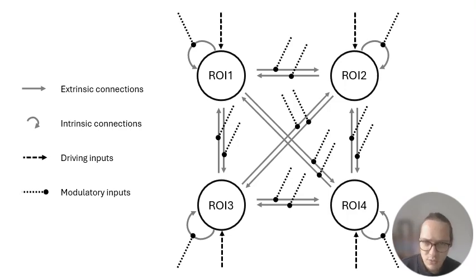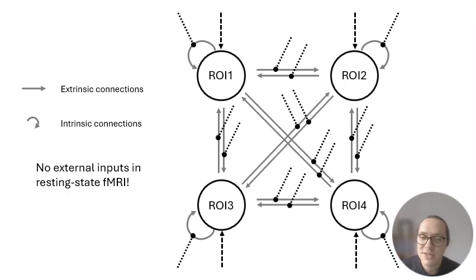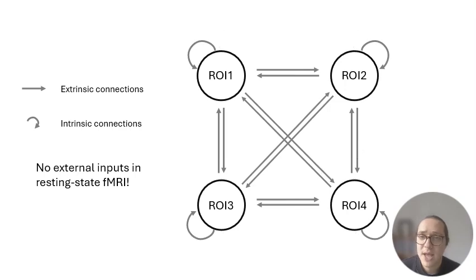Does it make them stronger or weaker? But as you can probably see, we actually have more information here than we need because there are no external inputs in resting state fMRI, or at least no task-based external inputs. And that means that we don't need these modulatory or driving connections in this cartoon example here.